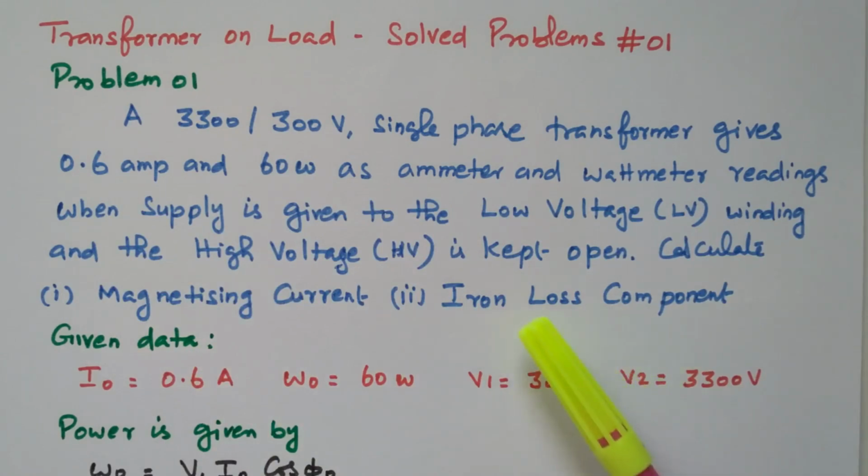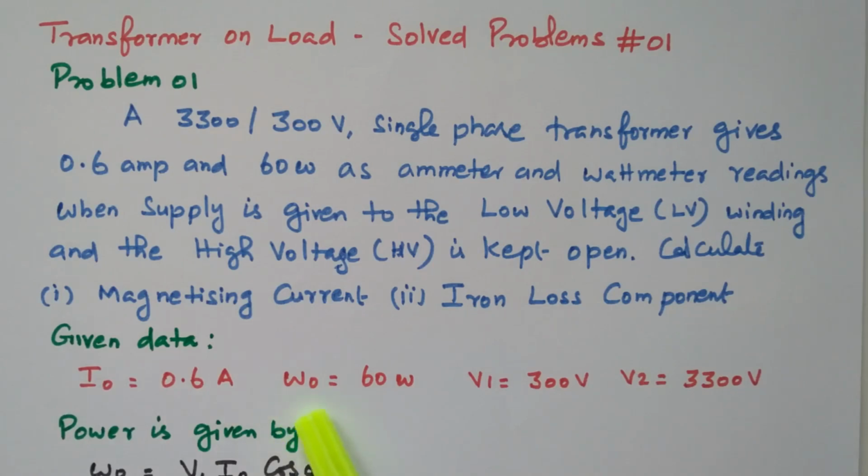So this is coming under the open circuit test. The high voltage side is kept open, the supply is given to the primary winding. Now we'll see what the given data available are. The current flowing in the primary, because there is no load, is called I naught, 0.6 ampere.